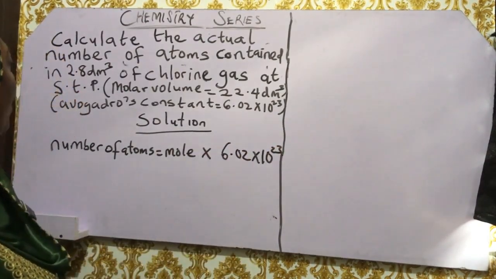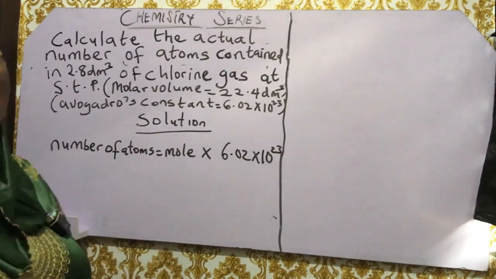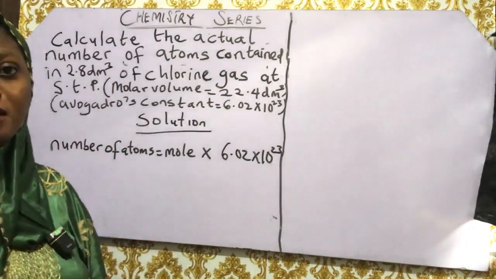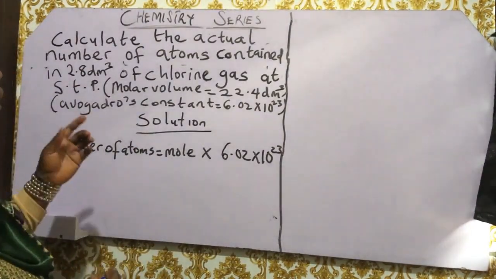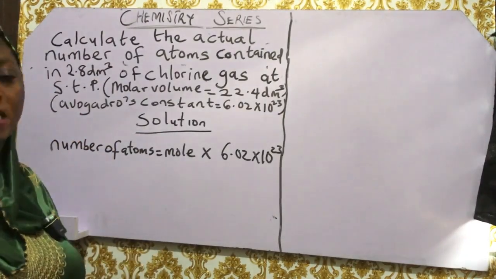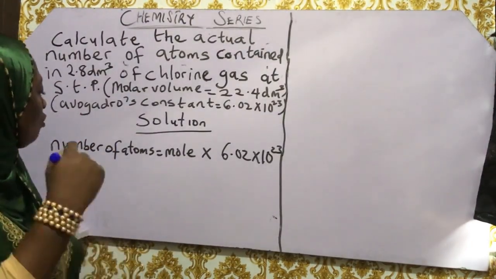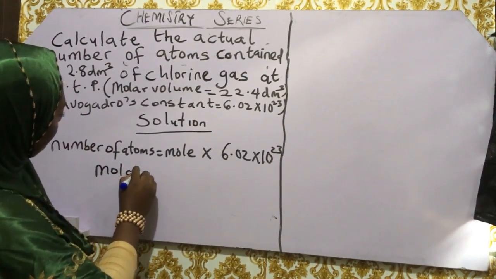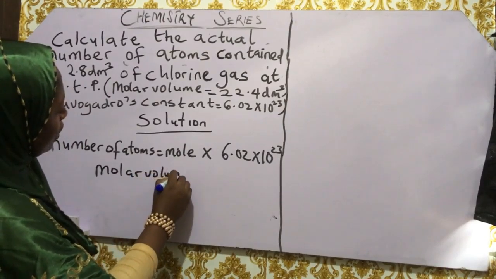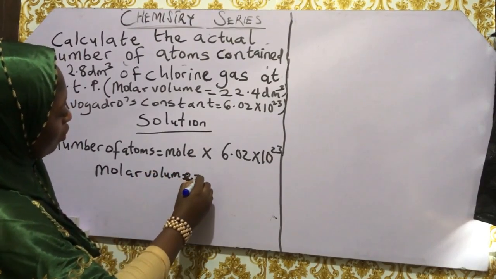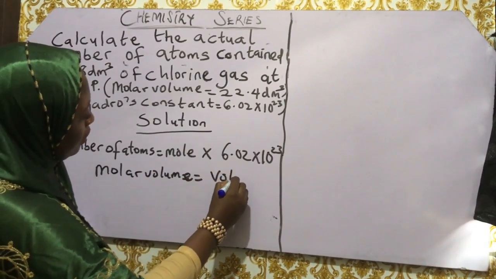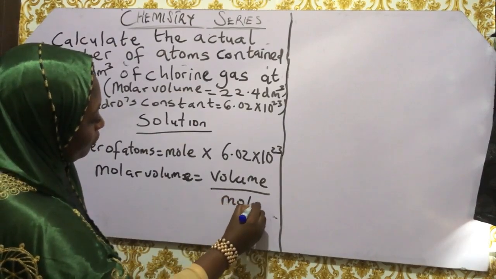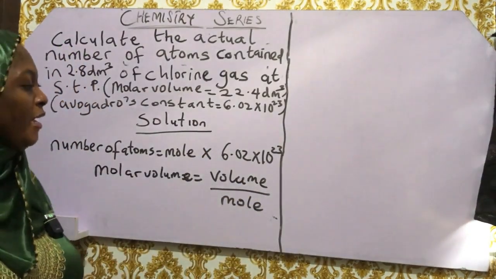But we don't have the mole, but we can calculate the mole using the molar volume since the gas is at STP. We know that the relationship between molar volume of a gas and mole is: molar volume is equal to volume divided by mole.